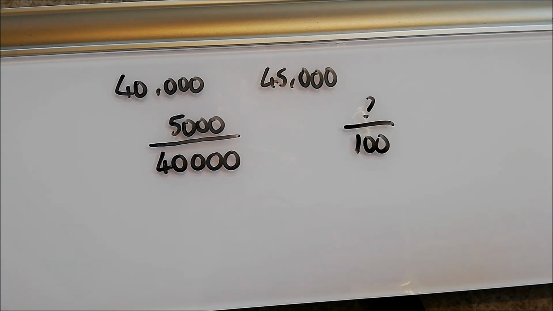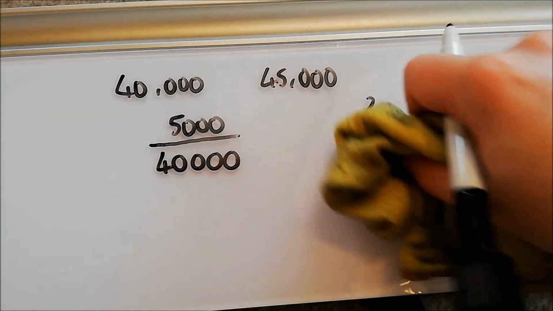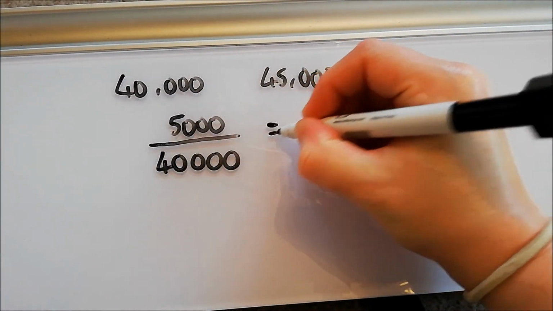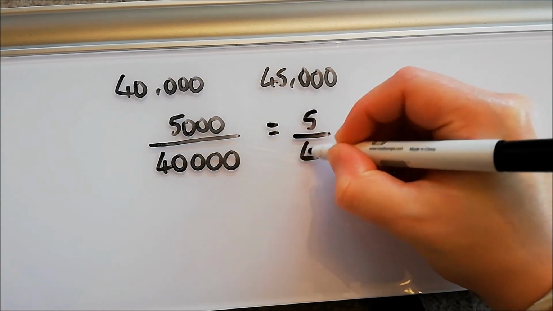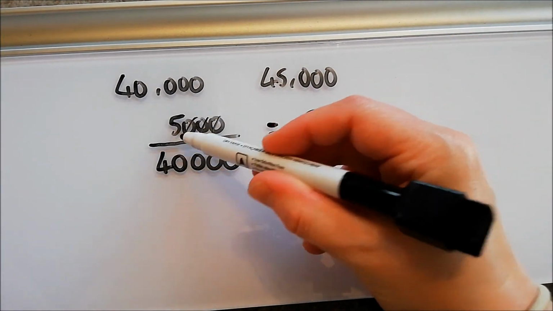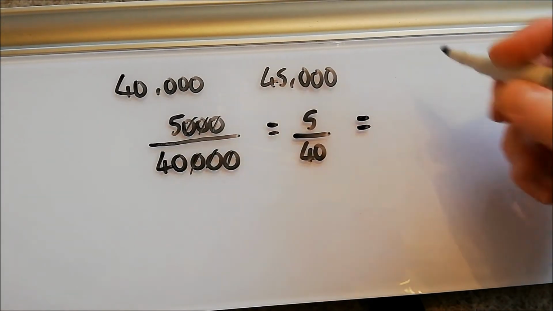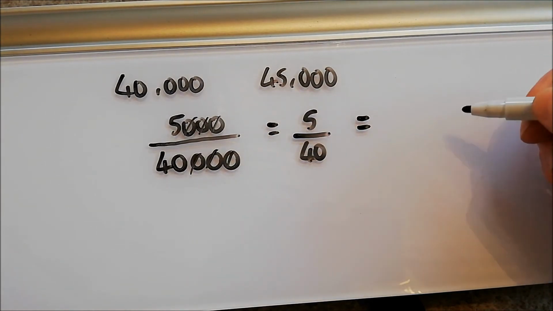And it's that something that we've got to find. Okay? So if I knock the noughts off that fraction, that can become 5 over 40. Now, like in the earlier part of the video, 40 doesn't fit directly into 100, but I can cancel it down to something that will.